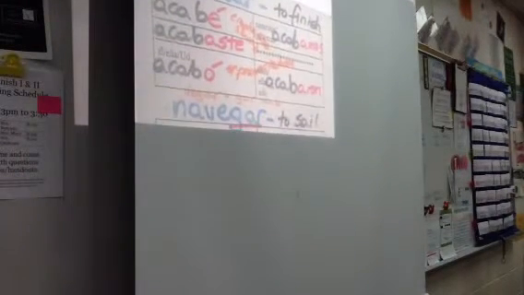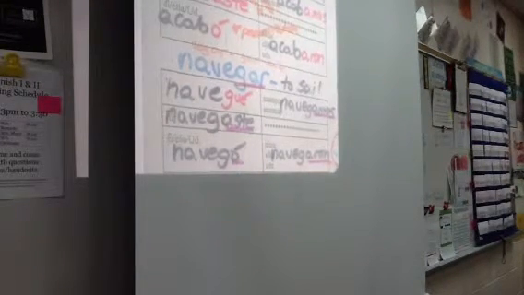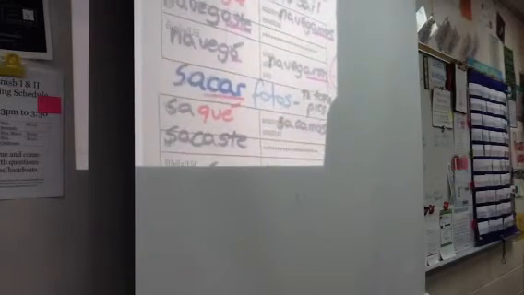Okay, the navegar happens to be a gar verb, ends in GAR, so you're going to change only the yo form, only in the preterite. Drop the GAR, do GUÉ, I sailed. And the rest of the forms are regular conjugations, no extra changes. Sacar fotos is a CAR verb.